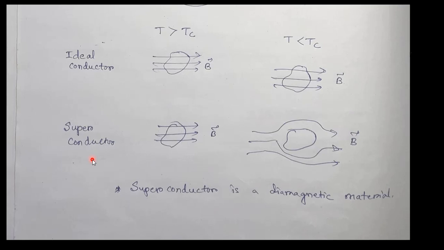Below a certain temperature called the critical temperature, this superconductor becomes diamagnetic, but above this temperature it is not diamagnetic. That's the basic difference between a superconductor and an ideal conductor. And this experiment also confirmed that the superconductor is a diamagnetic material because its lines of force cannot pass through this material.